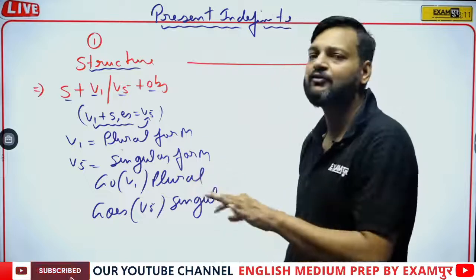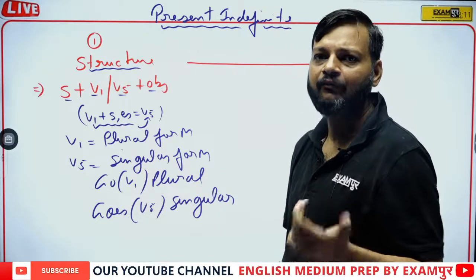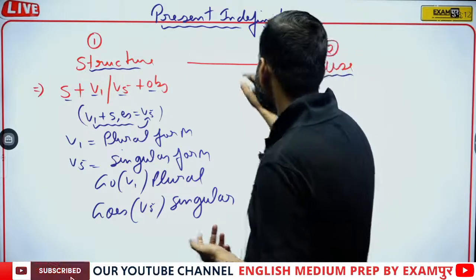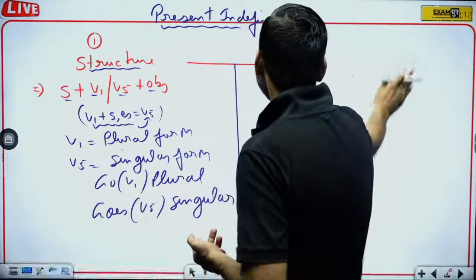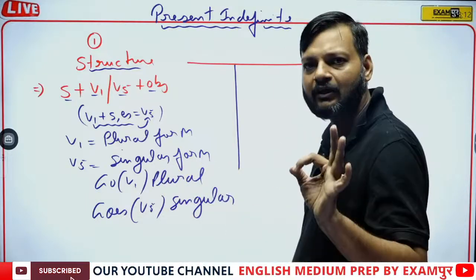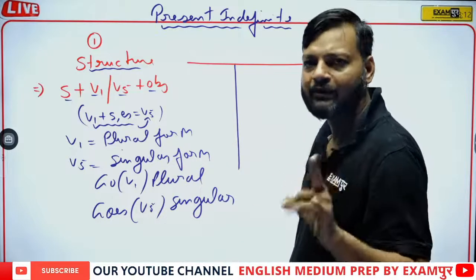Now, what is the difference between first form and fifth form? Where do we use first form and where do we use fifth form? It's very easy. First form is plural and fifth form is singular.